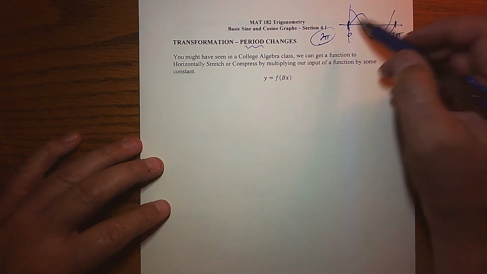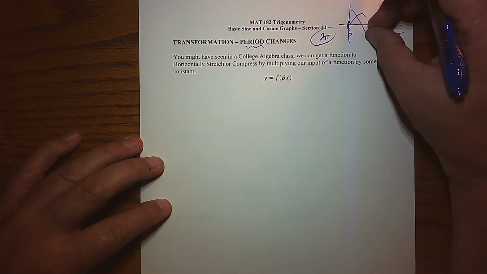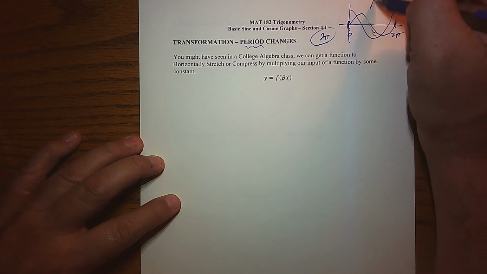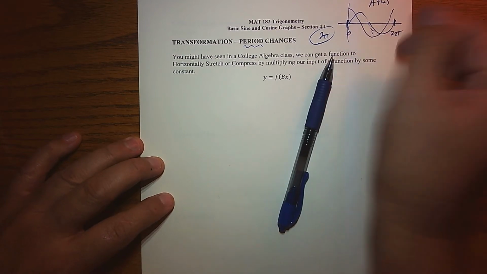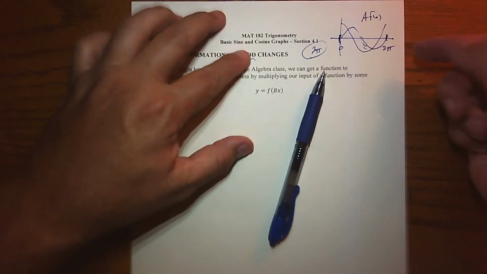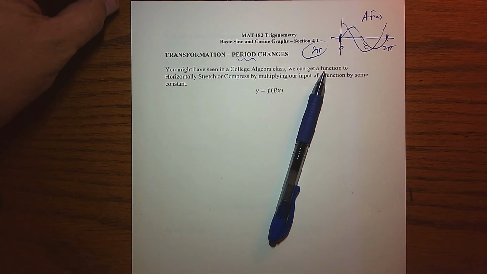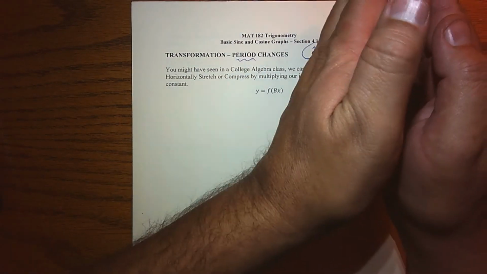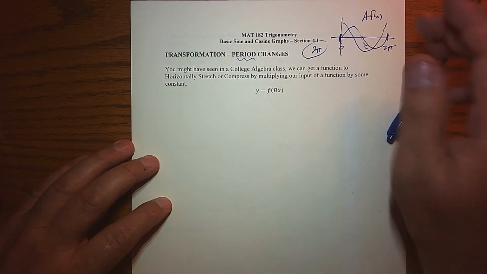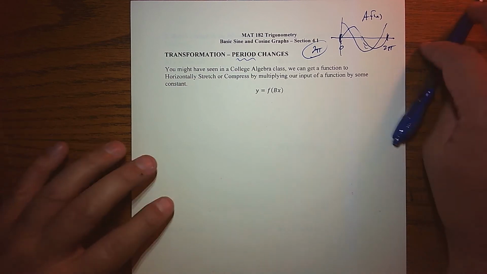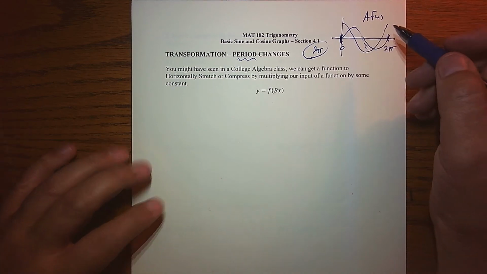And what we found, to change the amplitude, to make these waves bigger or smaller, we multiplied something to f of x. So if I want to change the period, which means I'm horizontally stretching or horizontally compressing it, that means I'm impacting the period, which we also call frequency, and we'll get into that later in this chapter.